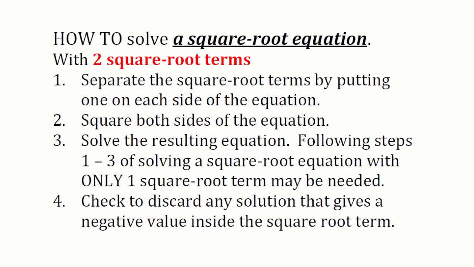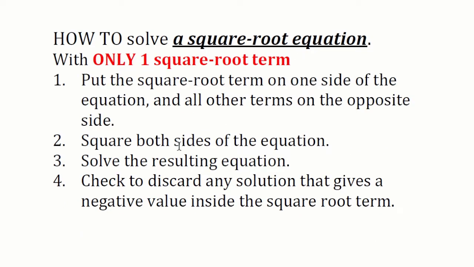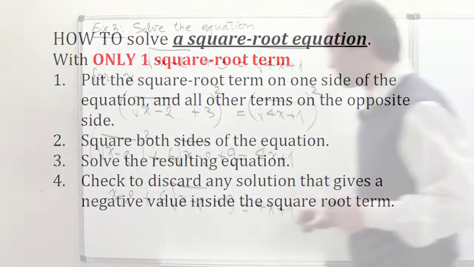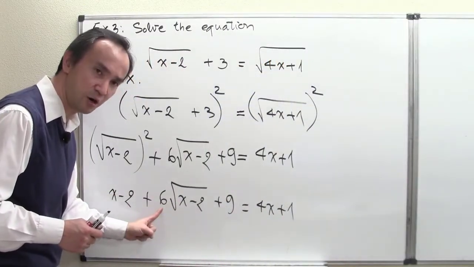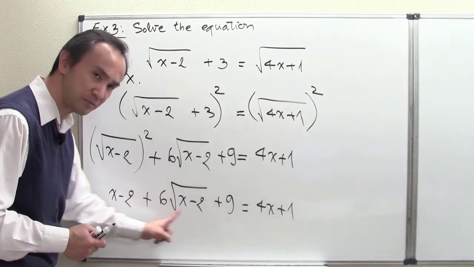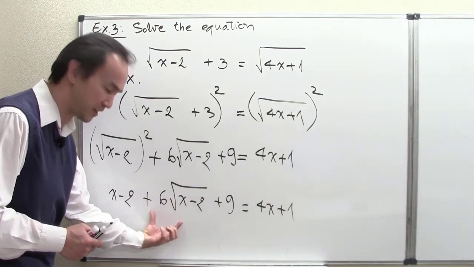Now let's look back at the instruction we had earlier when we were solving a square root equation with only one square root term. Let's put the square root term on one side and put all other terms on the opposite side. In this equation, my square root term has the coefficient 6. It's already a positive term. Let's leave it here on the left hand side.